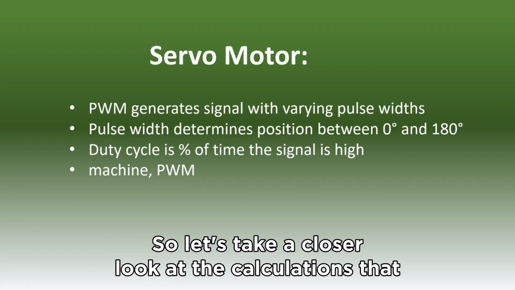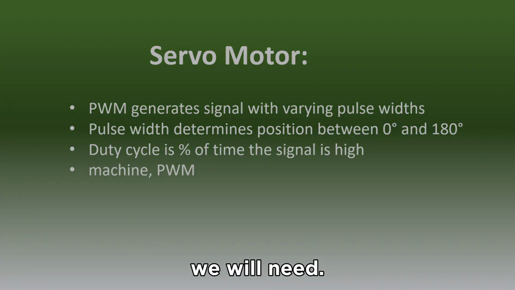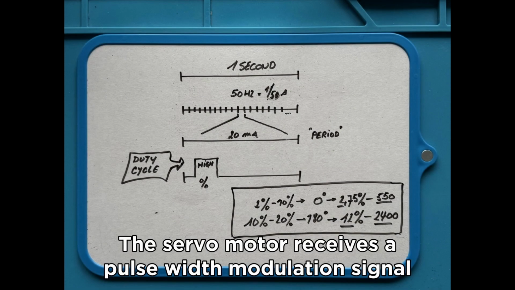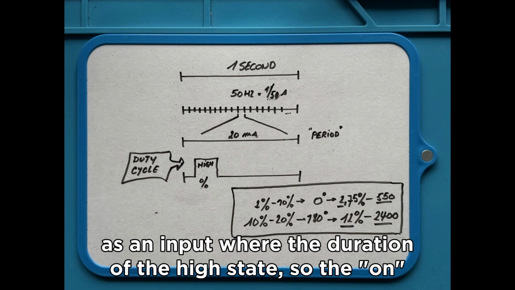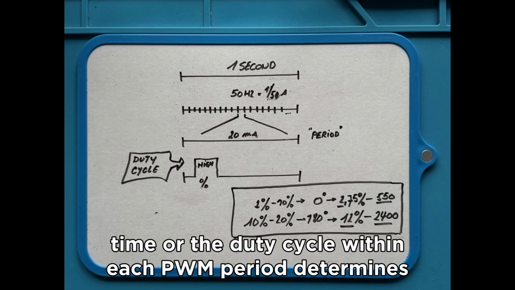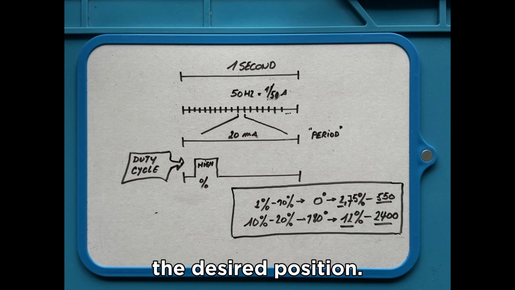So let's take a closer look at the calculations that we will need. The servo motor receives a pulse width modulation signal as an input, where the duration of the high state, so the on time or the duty cycle, within each PWM period determines the desired position.